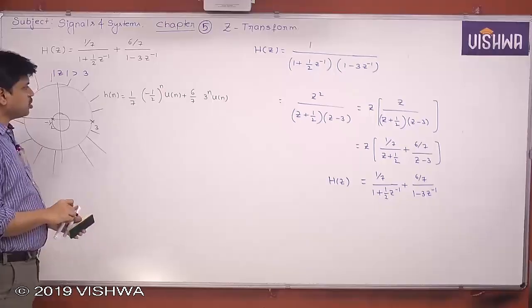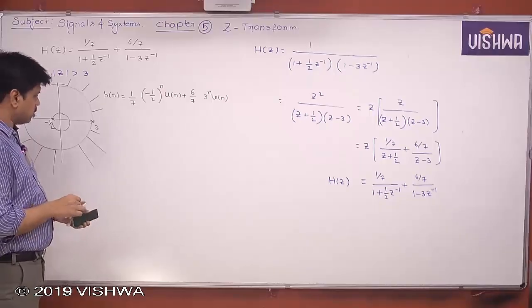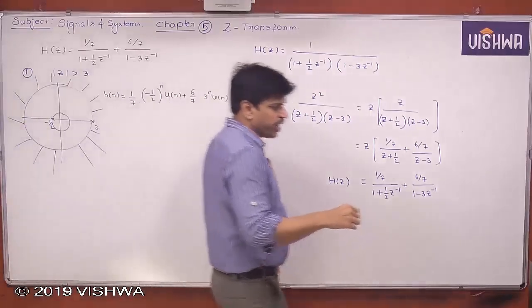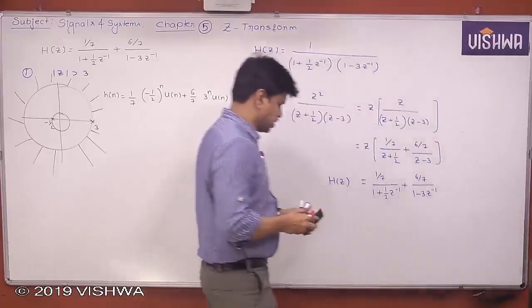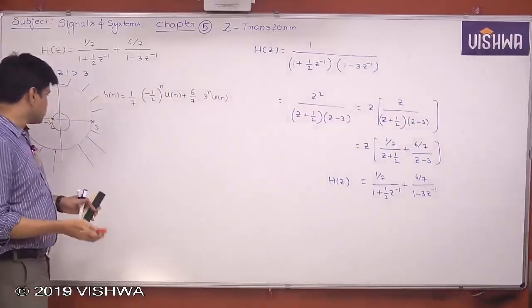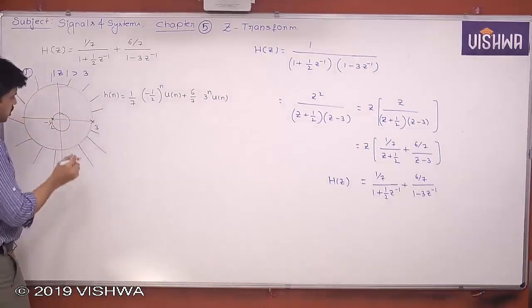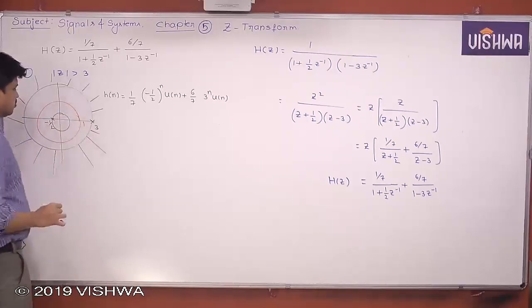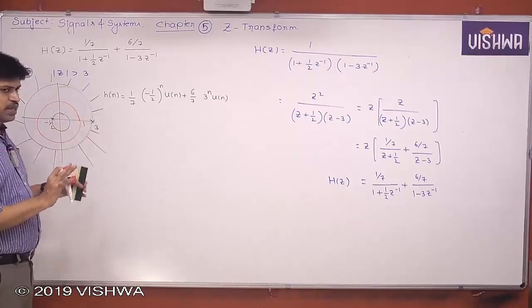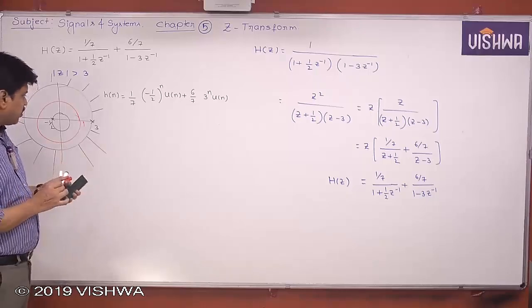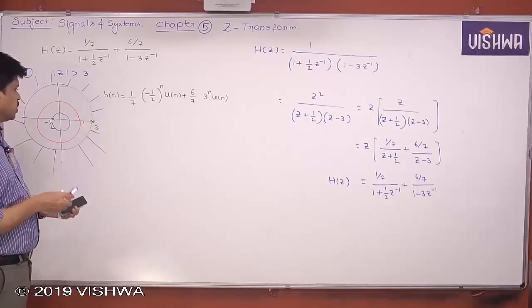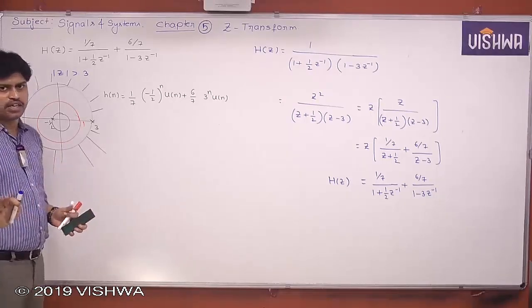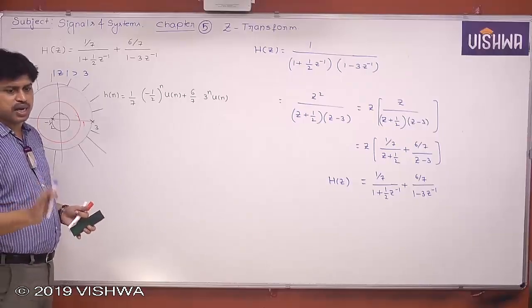Next, to comment about the DTFT and stability, we have to see where the unit circle is and whether it is present in the ROC or not. The unit circle is here, at 1. So the unit circle is not in the ROC. Whenever the ROC does not contain the unit circle, DTFT does not exist and the system is unstable.